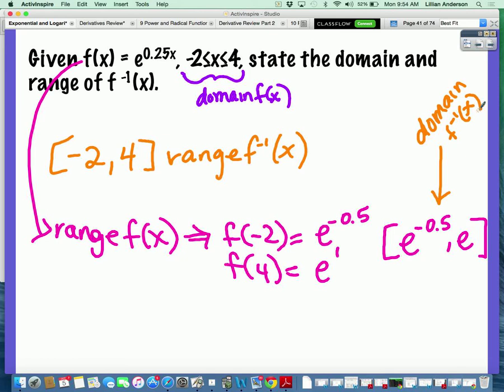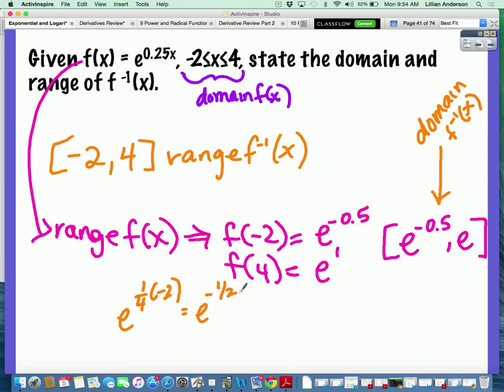Question? I understand when you put it right in, how did you get... Because when you plug in -2 here, this is basically 1/4 times -2, which is just e to the -1/2. That's where that -0.5 came from.